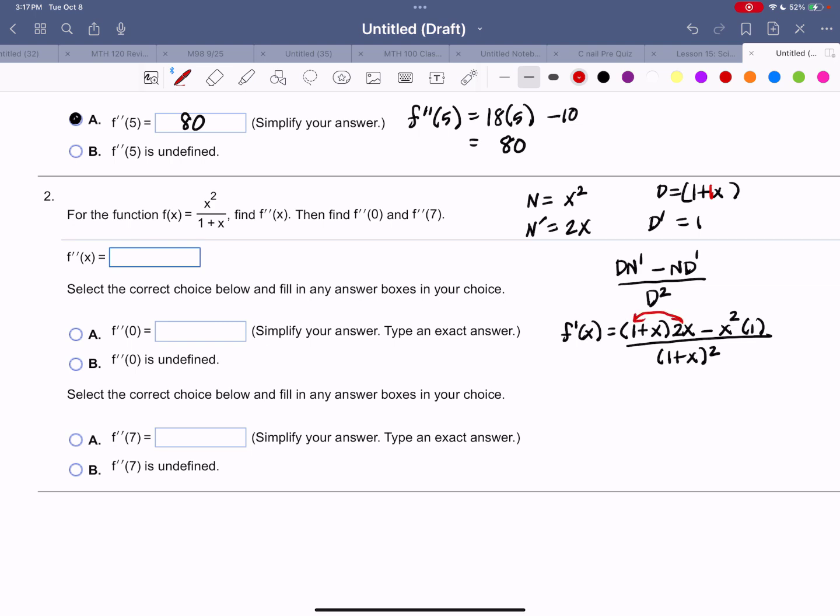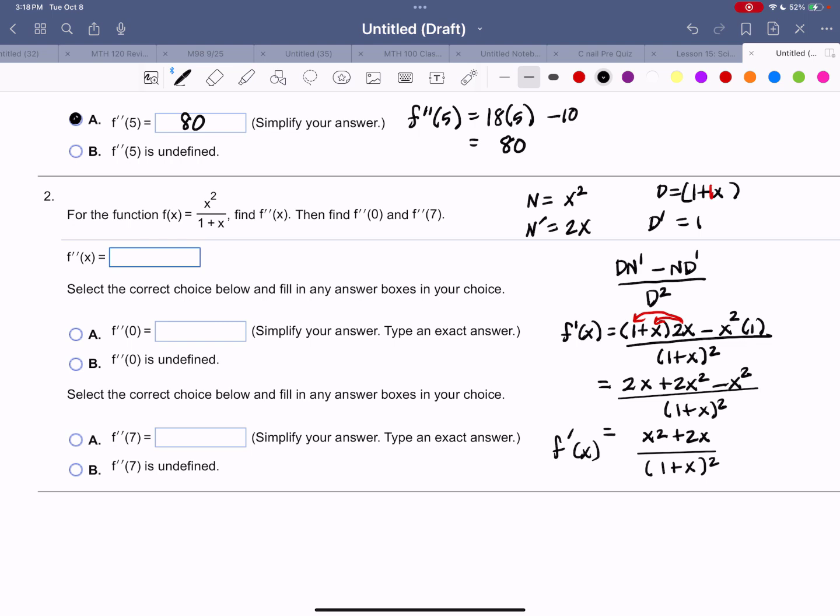So I'm going to distribute that 2x, and that's going to give me 2x plus 2x squared minus x squared, all of that over 1 plus x squared. And so that's going to give me 2x squared minus x squared is x squared plus 2x, all of that over 1 plus x squared. Now that is my first derivative of f.